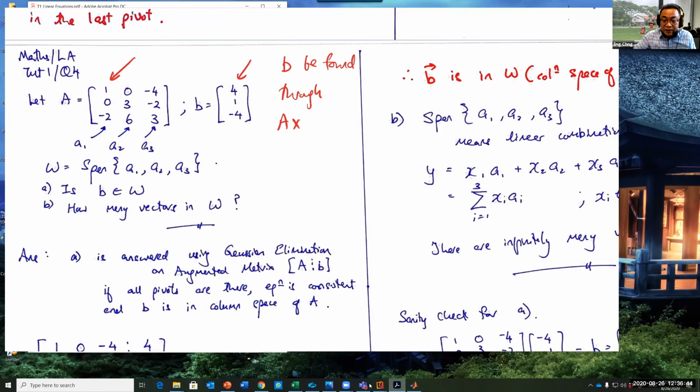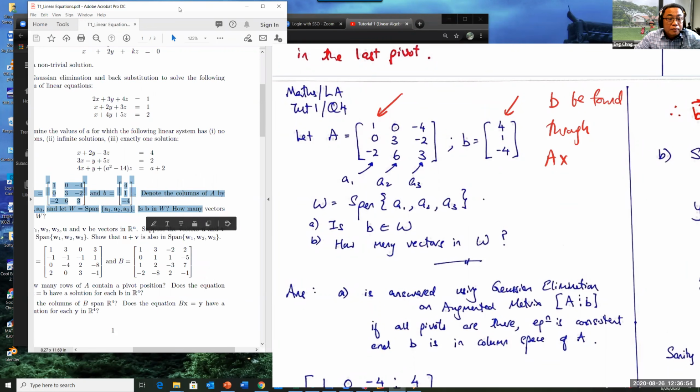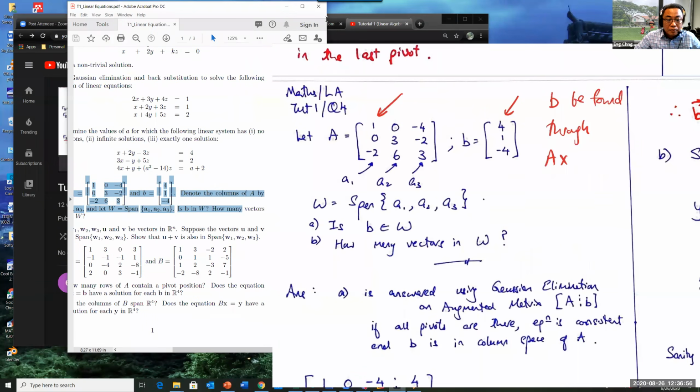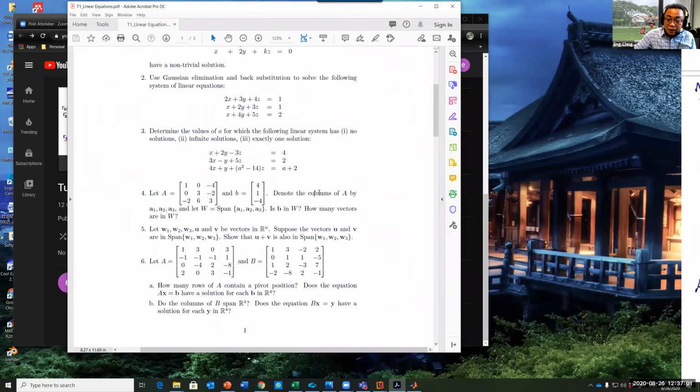His exact wording is, given the columns denoted by A1, A2, A3. So he basically makes the columns and calls them A1, A2, A3. And then he created a variable called W, which we call a space. And then he said that this space is spanned by these 3 columns, A1, A2, A3.